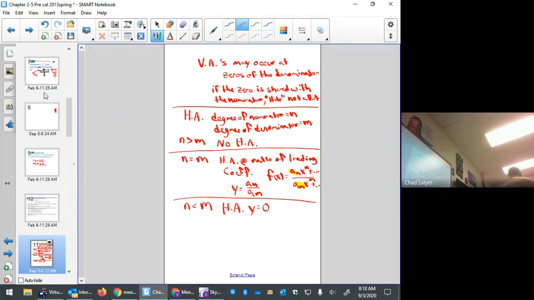I need to check to see if it is a shared zero with the numerator. If it's a shared zero with the numerator, it's a hole instead of an asymptote. And then for the horizontal asymptote, I need to analyze the degree of the numerator and degree of the denominator, and based on the relationship between those two values, I'll pick one of these three categories for finding the horizontal asymptote. Questions about that? All right, let's put it to practice.